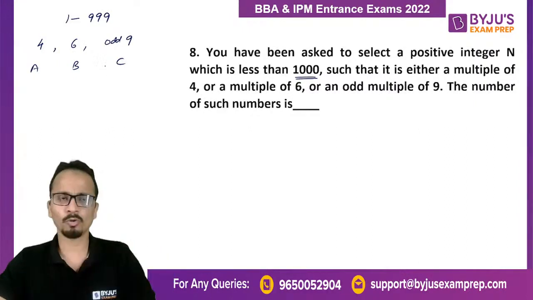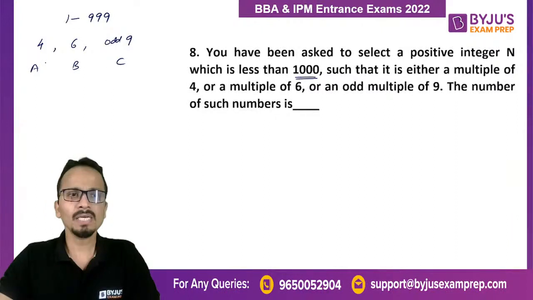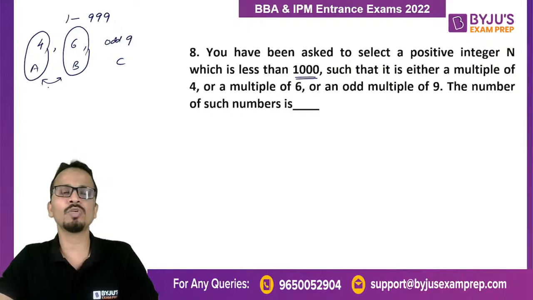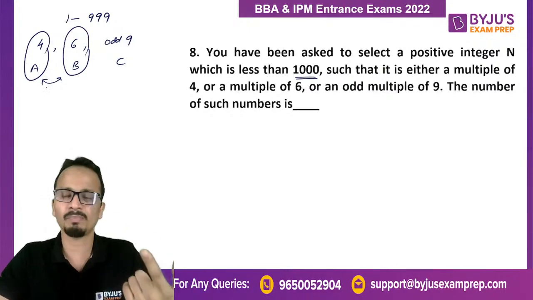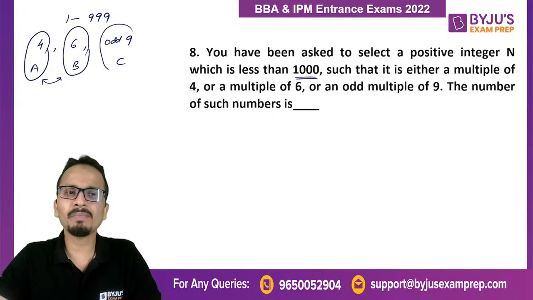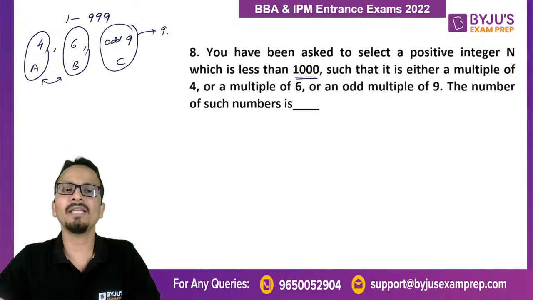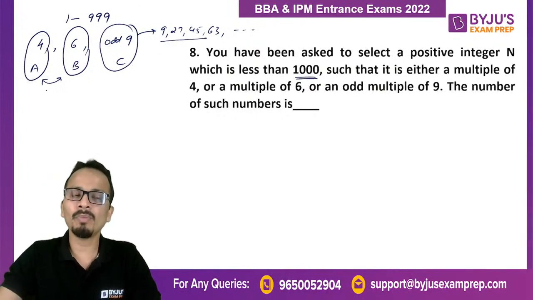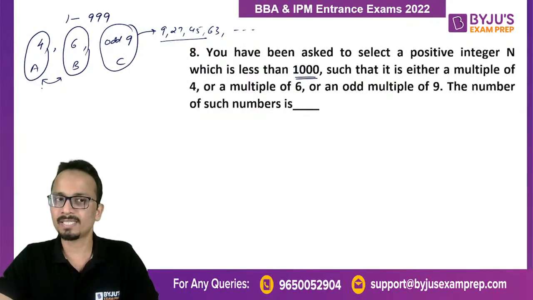Okay, let's see why. Multiples of 4, definitely all the numbers will be even. Multiples of 6, again they will be even. And there will be some common numbers which will be multiples of 4 as well as multiples of 6. Right? But odd multiples of 9, that means 9, 27, 45, 63 and so on, none of these numbers will be common with the first 2 sets.